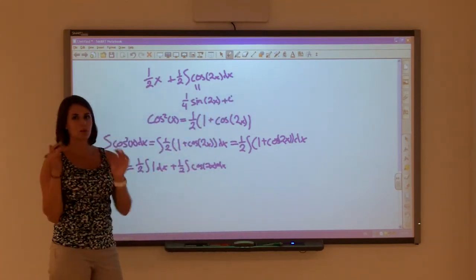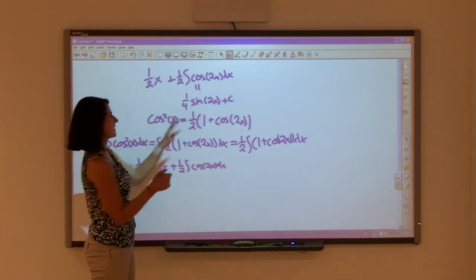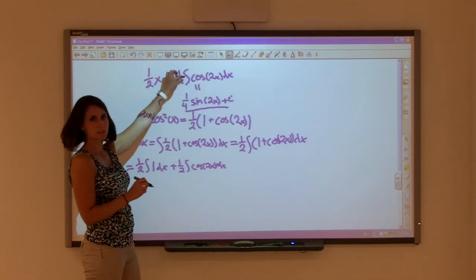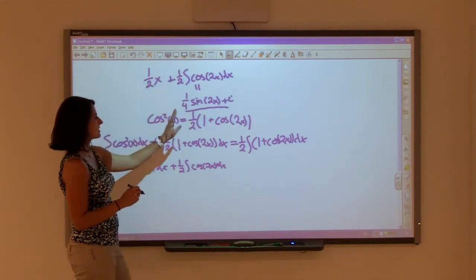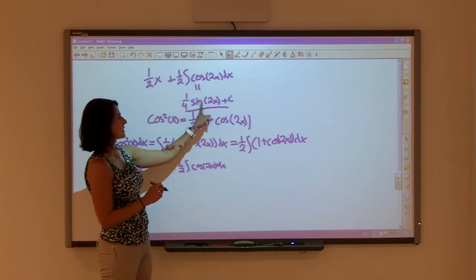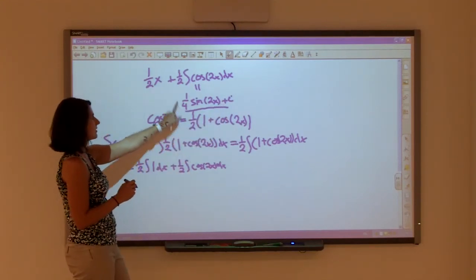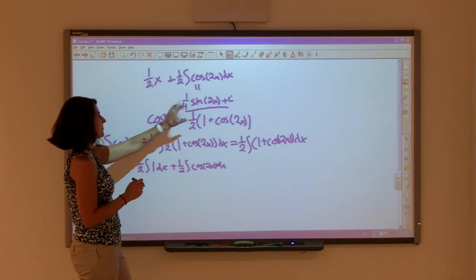Why is this? Well, prove it to yourself that the derivative of this is equal to this. Because when you take the chain rule and you multiply this whole thing by 2, this will become 1/2, which appears here. Okay?